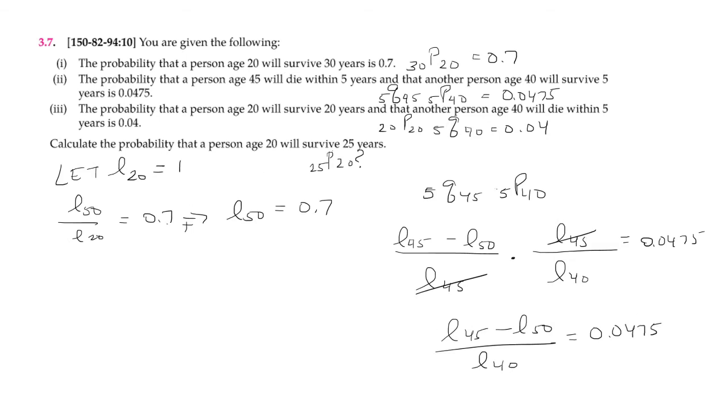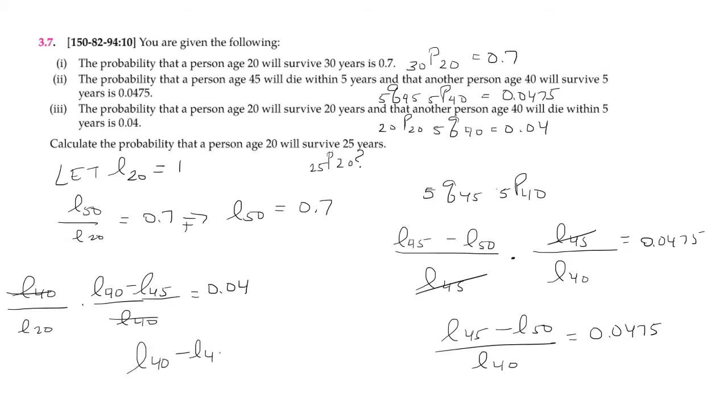And then looking at the third bullet, we have 20p20, which is L40 over L20, times L40 minus L45 over L40 is 0.04. The 40s are going to cancel. I'm left with L40 minus L45 over L20 is 0.04.